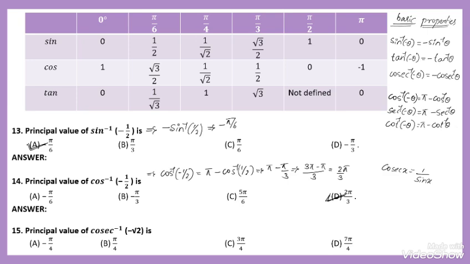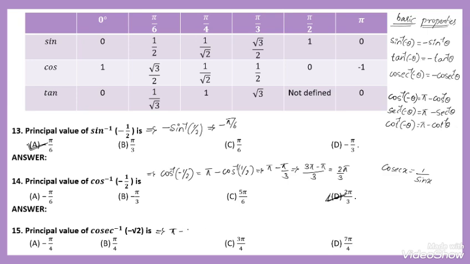In the table there is no cosec function, but I can use the sine function. What is the sine inverse of 1 by root 2? That is pi by 4. According to the property, what can be written?